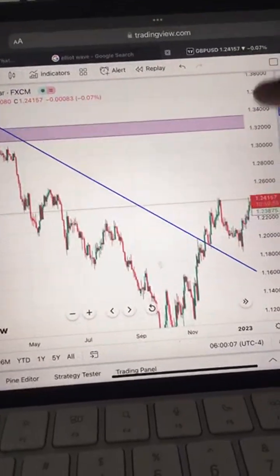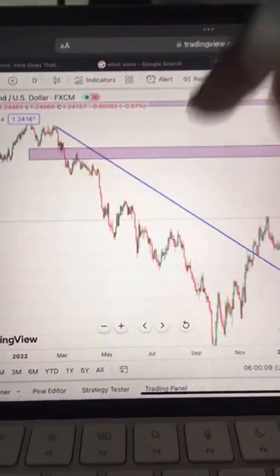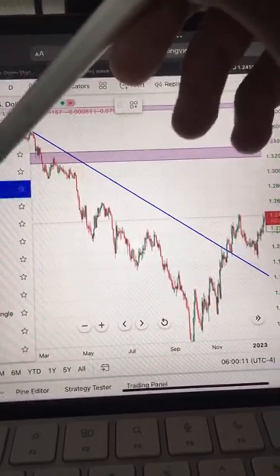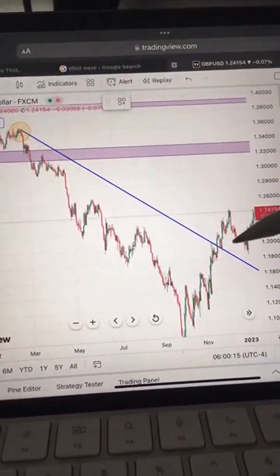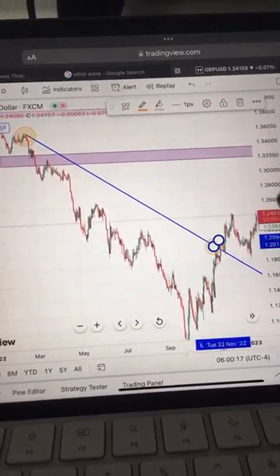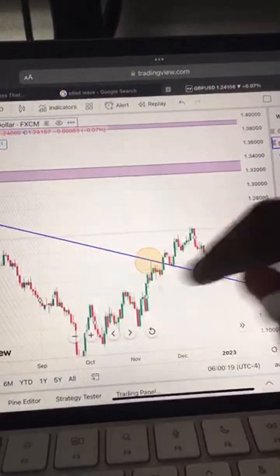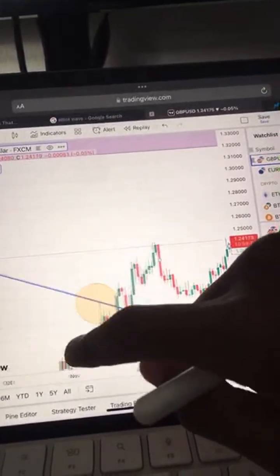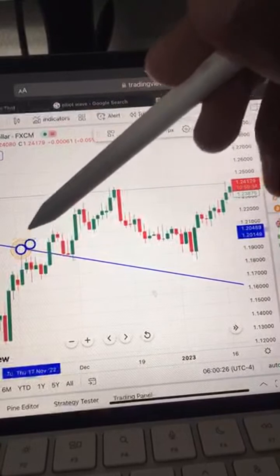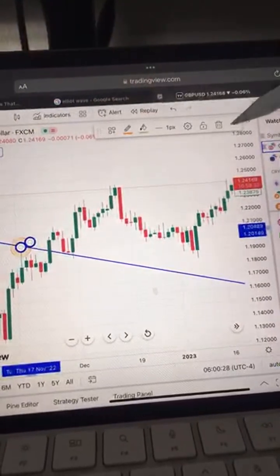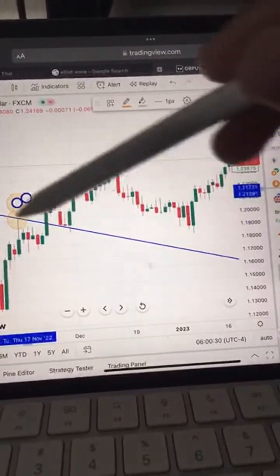Clean. So let me highlight this first. Here is my touch 1. Here is my touch 2. Let me zoom in. This is my touch 2 right here, and here is my touch 3.